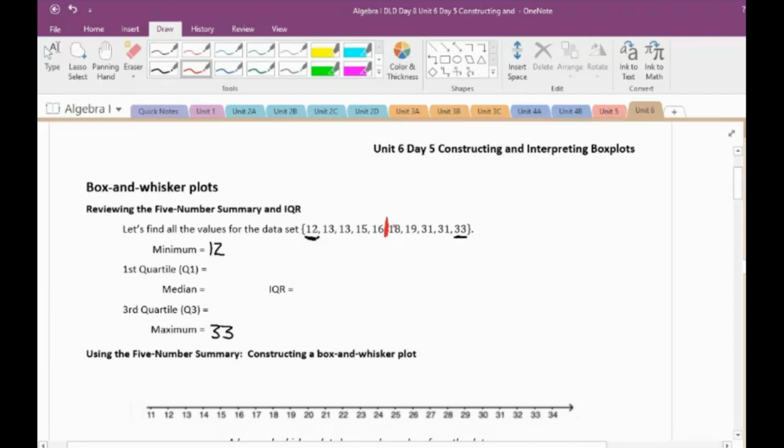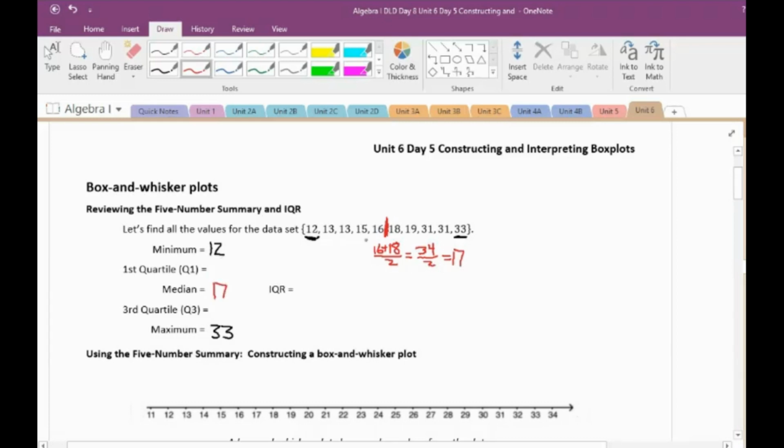And remember, to find that, we would average these two values. So we're going to do 16 plus 18 divided by 2, that's 34, divided by 2, which equals 17. Another way you could have done this is just think about 16 and 18. The average is halfway between, and 17 is right between those two numbers. So the median is 17.